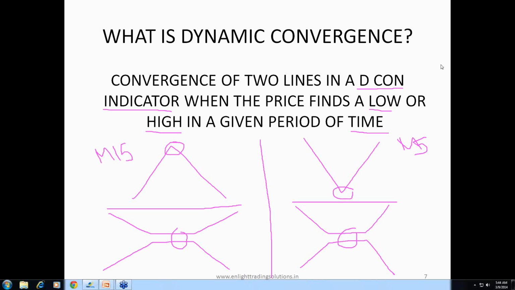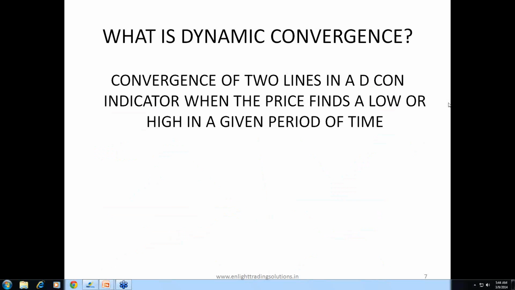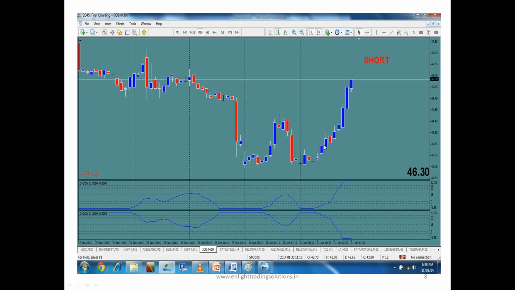So we'll see a few examples. In this chart, this is called buy convergence. If you see a blue line or a green line, it is a buy convergence line. In this chart, there is a convergence of two lines at a low, so it's time to buy.